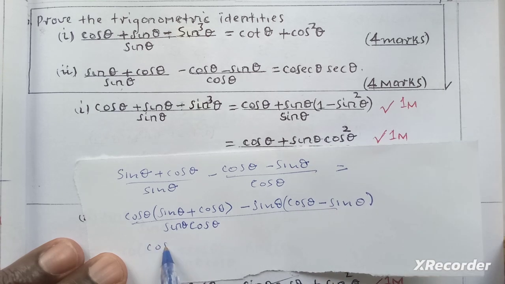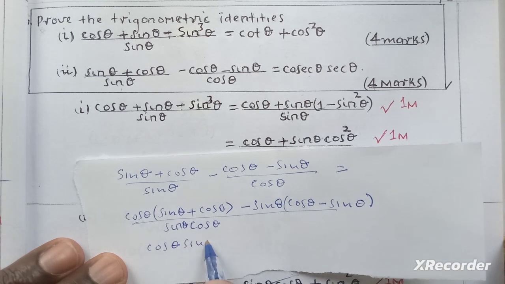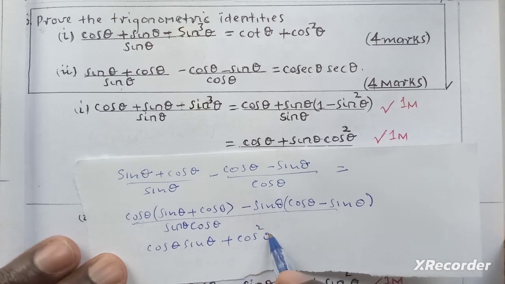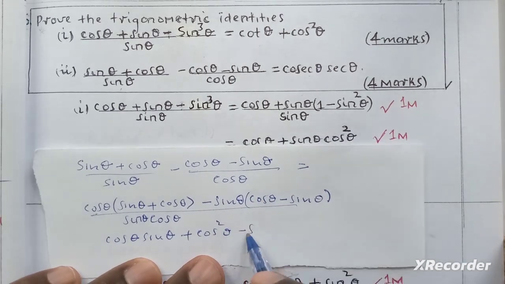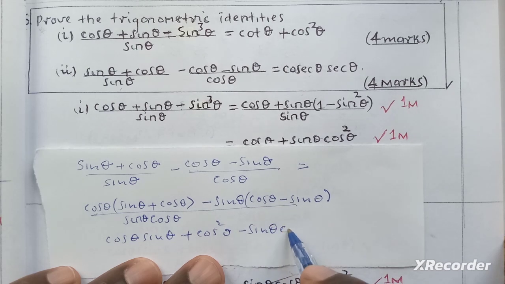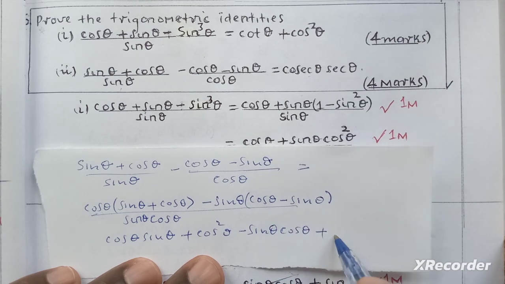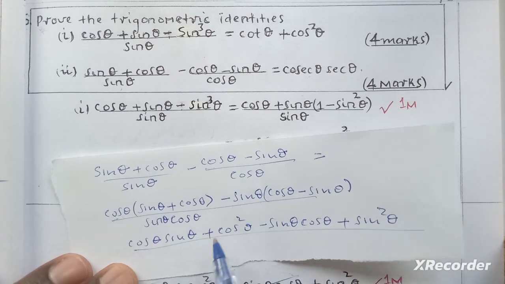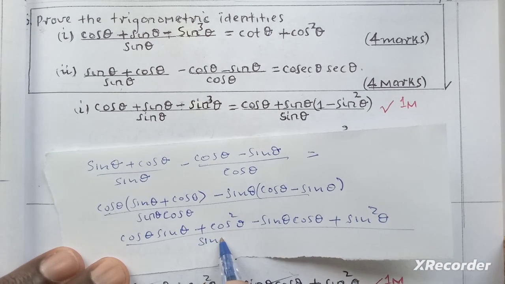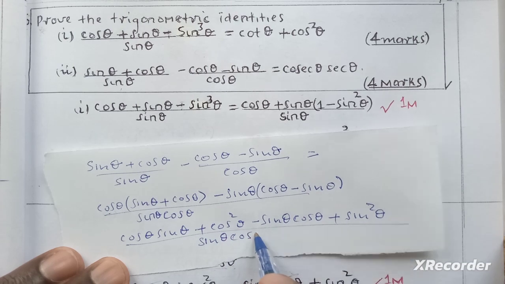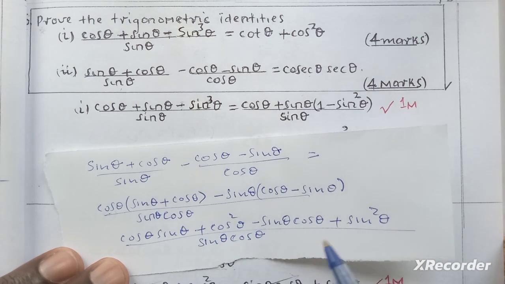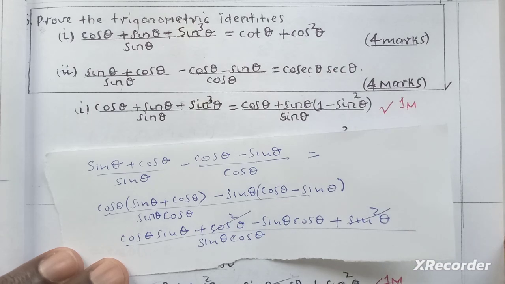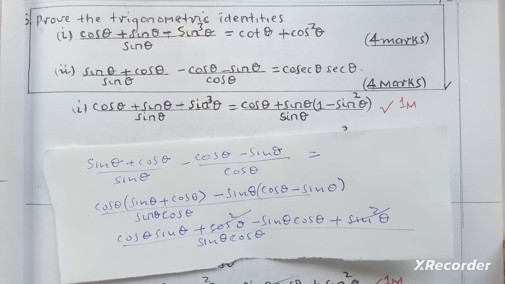This will be cos theta sine theta plus cos squared theta minus sine theta cos theta plus sine squared theta all over sine theta cos theta. So you can cancel that and that, because this one will give us 1.